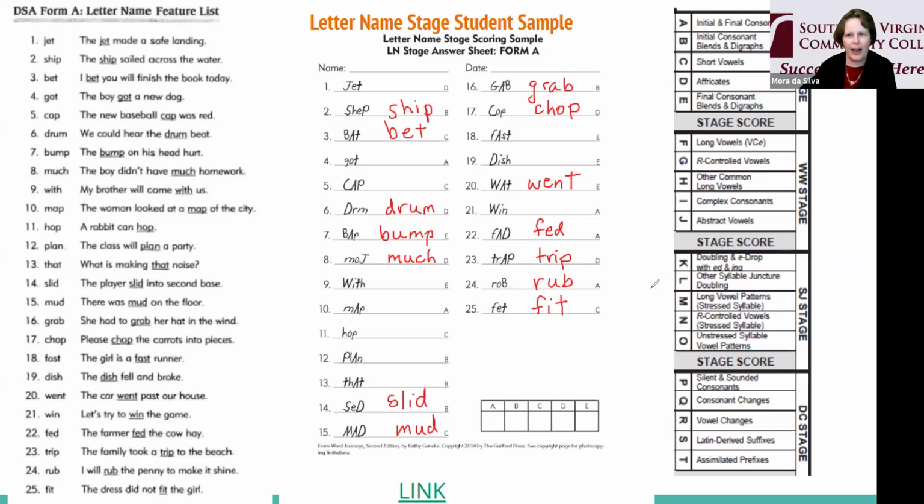Did anybody figure out what an affricate is? So you've got jet. That's got one. Drum. Okay. Much.